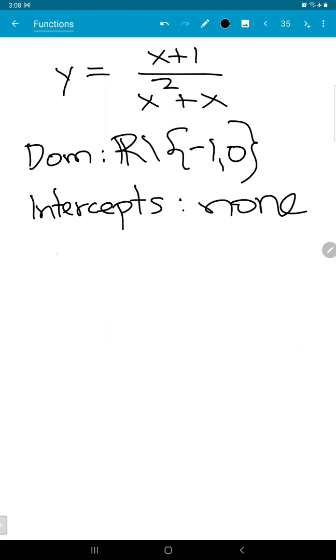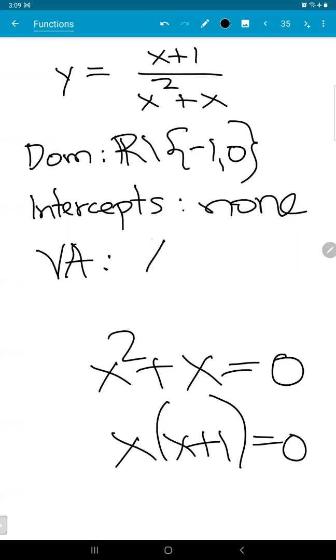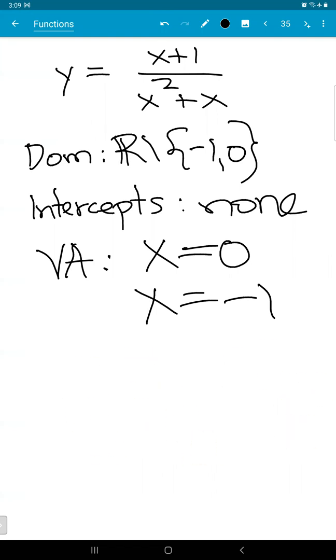And then for the vertical asymptotes, again, you will make a mistake here probably. Now, you know the procedure would be to equate the denominator to 0, right? And you will be giving probably x equals 0 and x equals -1 as the vertical asymptotes of the function. But this is wrong. One of them is not an asymptote.